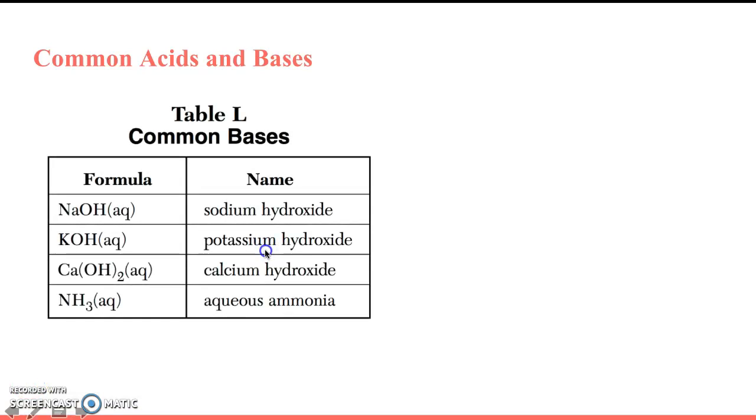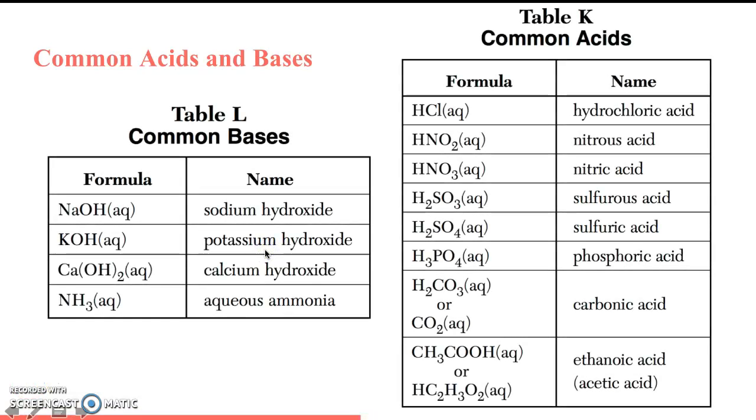Common acids and bases, again, are given to you in your reference table, table L and table K. If you need names of bases, or if you forget how to identify an acid or a base, these should help you out. So again, for bases we look for that OH in common. One that does not follow that pattern is ammonia.